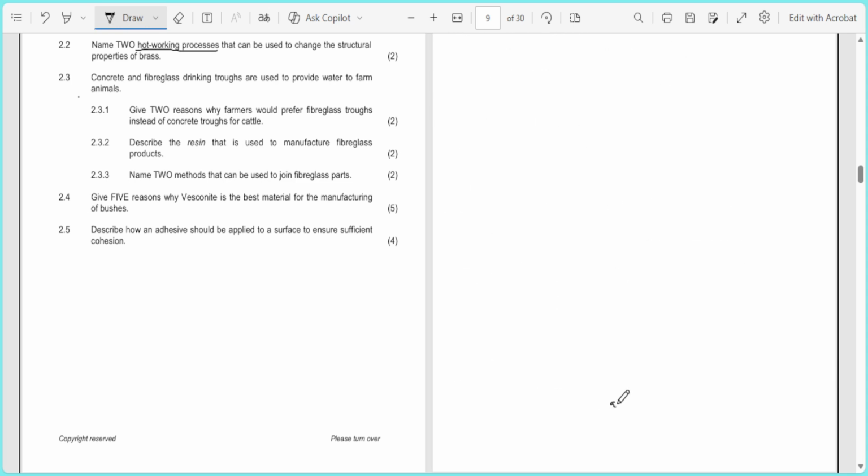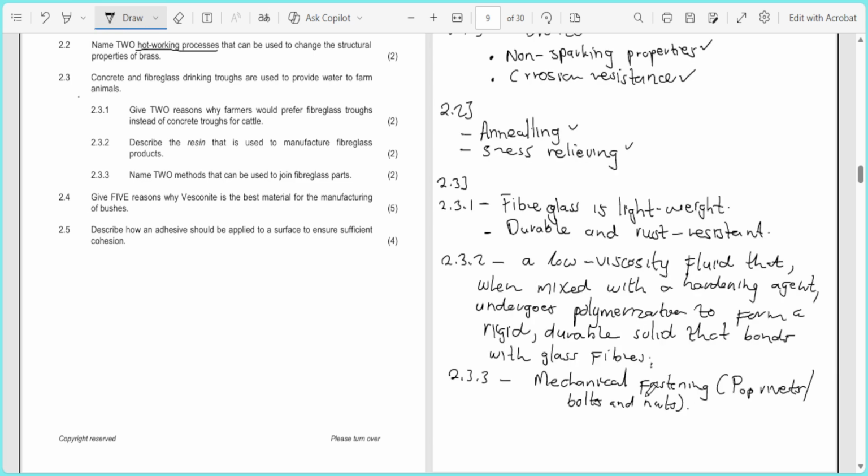Such fastening processes provide strong and reversible joints that can often be used with sealant to prevent water ingress. So this is one option, a mechanical fastening process.